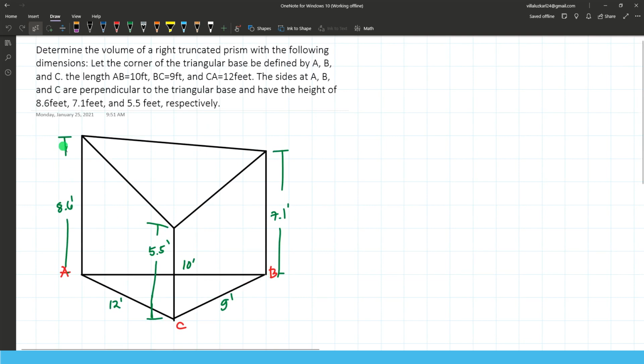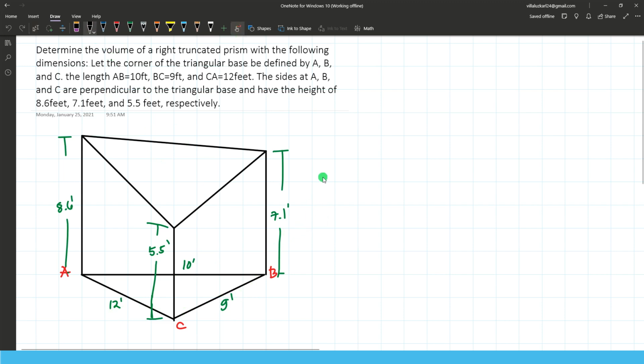These are the lengths of the sides perpendicular to the vertices of the base A, B, C. Given here, the lengths of the sides of the base are 10 feet, 12 feet, and 9 feet. So this is a truncated prism.